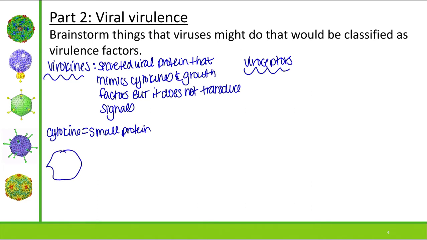Say we have a cell and maybe the cell is damaged somehow, it's infected. Let's go ahead and draw a little virus in here. This cell is going to produce a cytokine. That cytokine is going to travel, and eventually it will reach another cell. Cytokines typically signal our immune system.